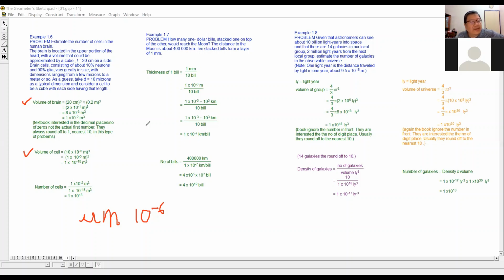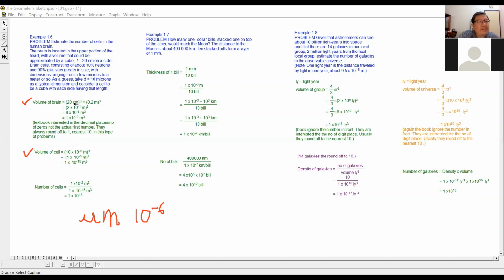So now we try to calculate the volume of the brain. The volume of the brain is a cube with sides 20 cm. If you want to compare with other units in meters, we might as well first change this to meters.